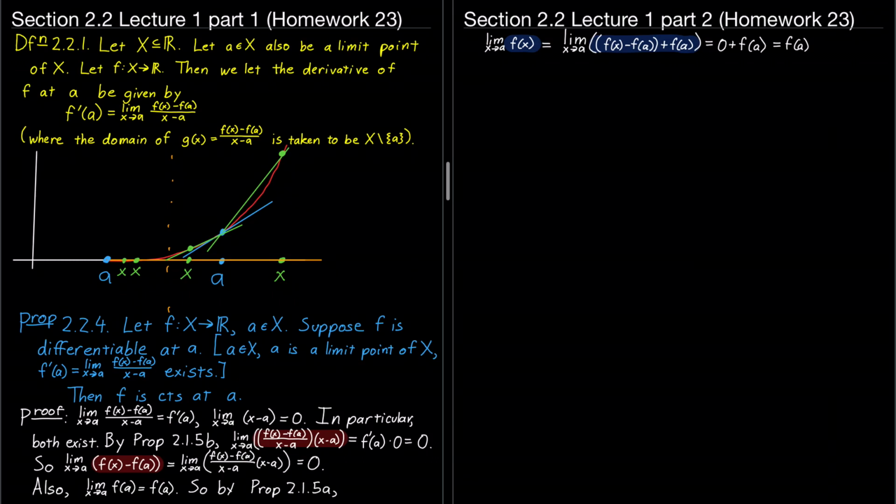So we've got that the limit as x approaches a of f of x equals f of a, and then by corollary 2.1.3, if the limit as x approaches a of f of x equals f of a, f is continuous at a.